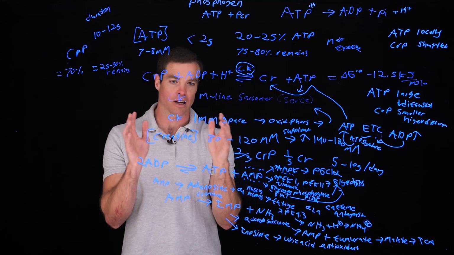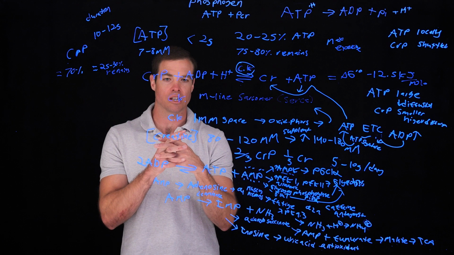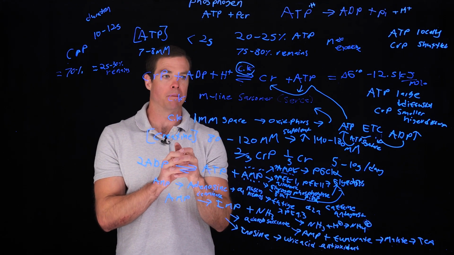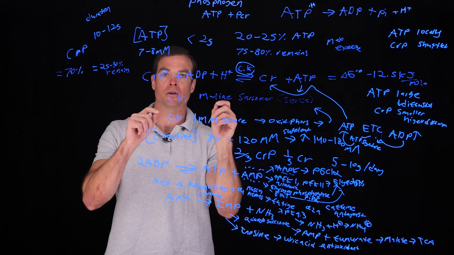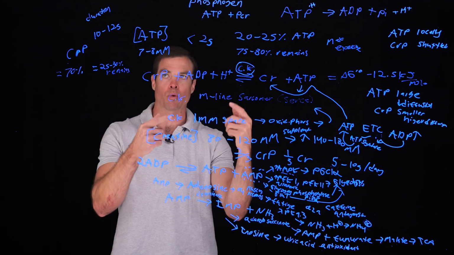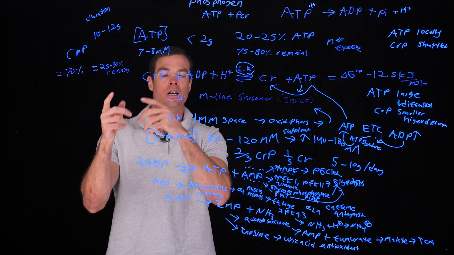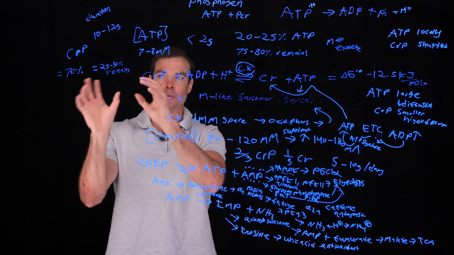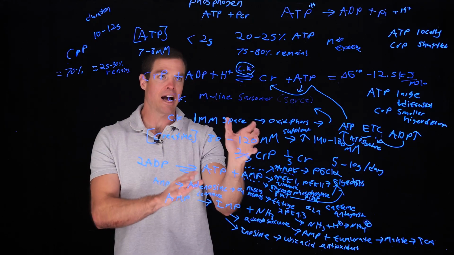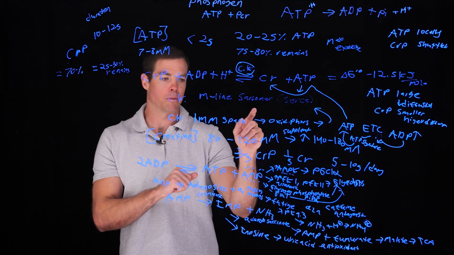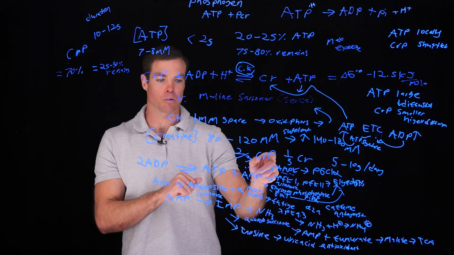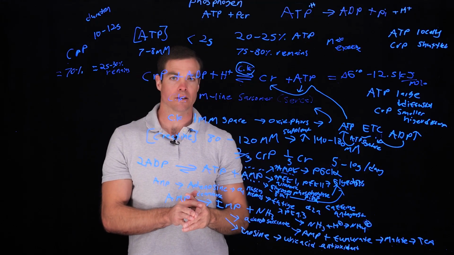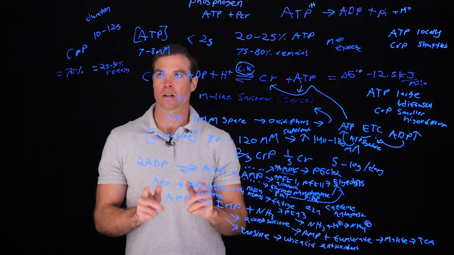Within just a couple of seconds, it starts, and it's reaching its peak very, very fast. But because glycolysis does not produce ATP at the same rate as the creatine phosphate system, that's why we have to really rely on this. But this pathway is going to help to activate your glycolysis system, which we're going to talk about next. So, all right, we'll go to glycolysis now.